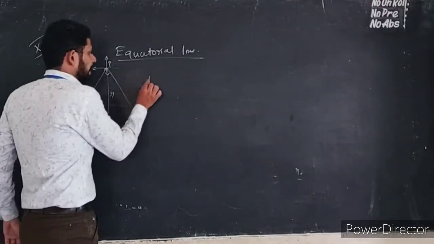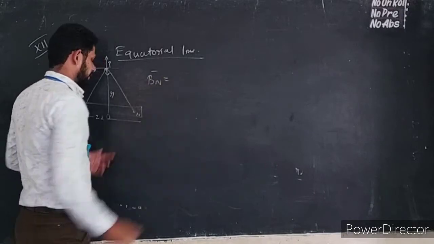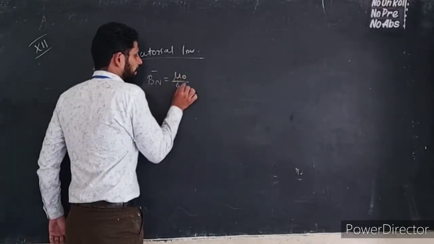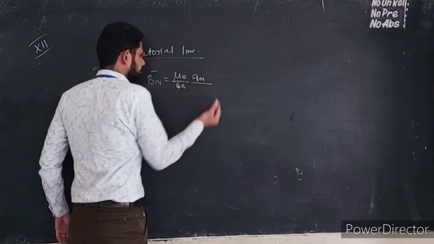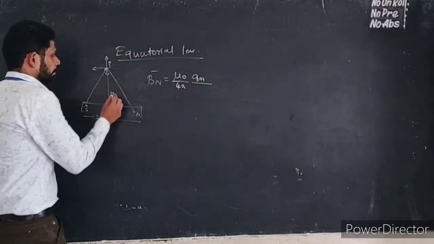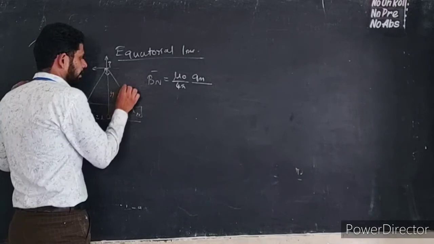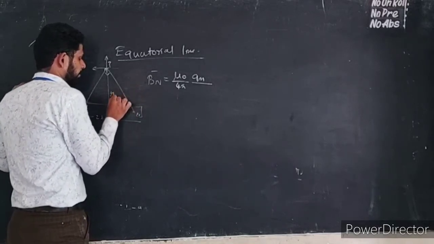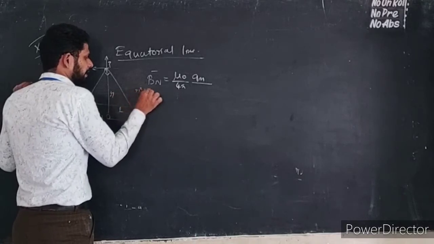Due to the north pole, the magnetic field BN will be mu naught by 4 pi qm divided by R dash square. Here we have L and here we have R, so R dash square will become R square plus L square.